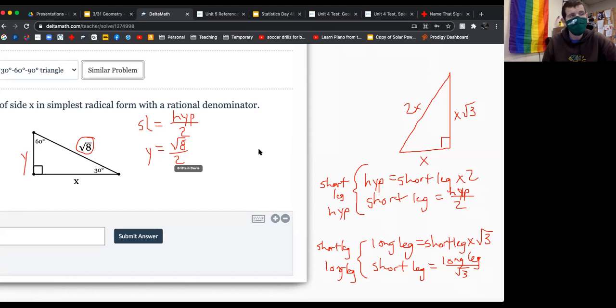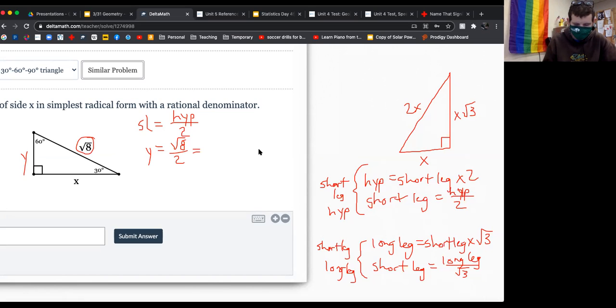Now, depending on what radical they give me, this might be as far as I can go. But we do want to make sure we're thinking through this carefully. Square root of 8, does it have a perfect square factor? I'll go ahead and tell you it does. What is the perfect square factor of 8? 4.